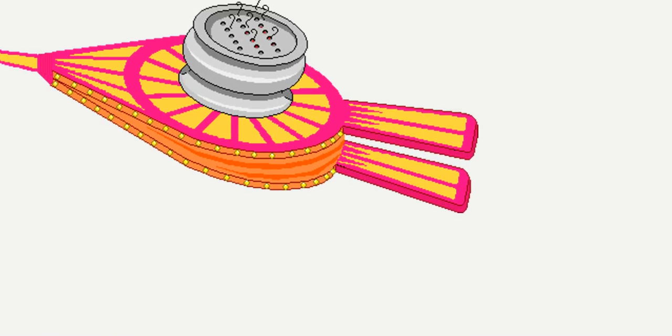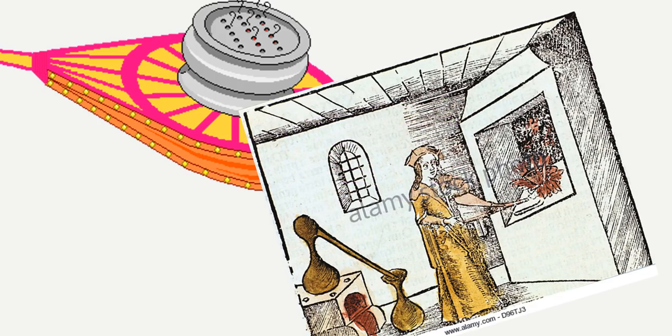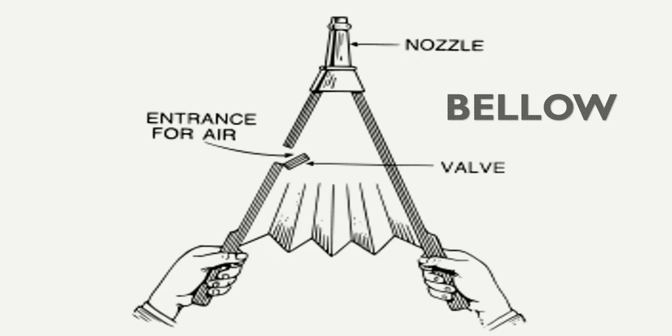So this is a clear picture of the old type of air compressors used in ancient times. In ancient times, the people used to use them in their firework stations, in their chimneys, or for their cooking styles. This is a clear and old-fashioned bellow picture. You can see that they use a valve for the entrance of the air, and a nozzle.